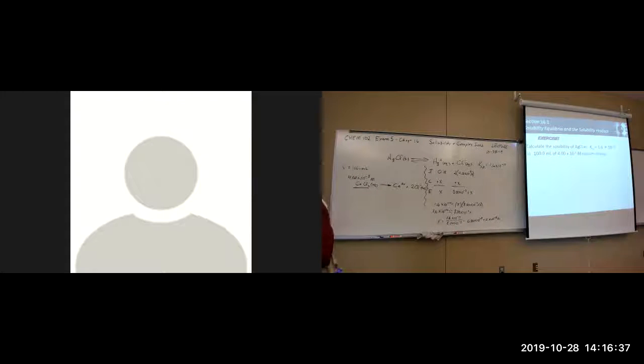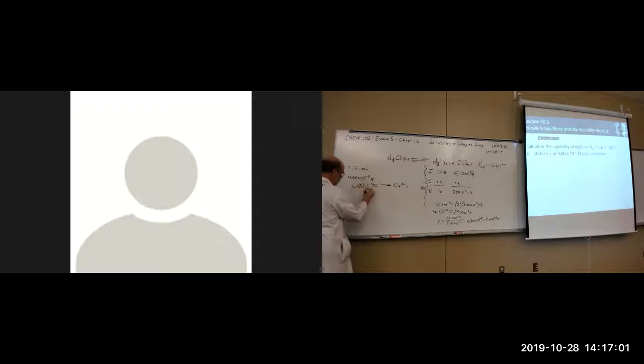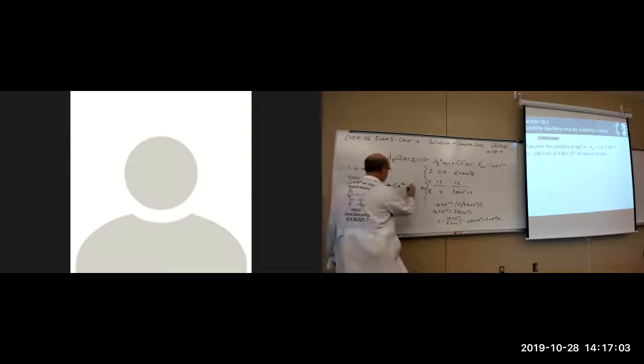What's the solubility of silver chloride in 100 milliliters of 4 times 10 to the minus 3rd calcium nitrate solution? All right, so let's change this one, that calcium nitrate. Okay, so now we're going to have 2 nitrates.